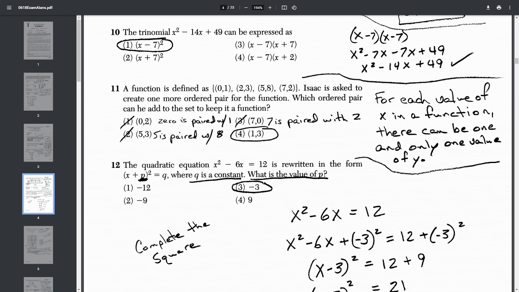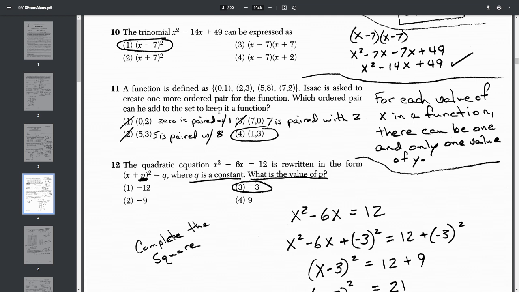Choice 2, 5 is already paired with 8, so it can't be paired with 3. So that one's out. Choice 3, 7 is already paired with 2, so it can't be paired with 0. Choice 4 is good because we don't have 1 paired with anything as an input. So 1, 3 would be a fine point to add that wouldn't break any rules of functions. So 11 is choice 4.